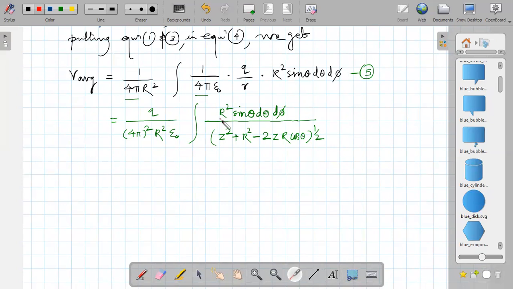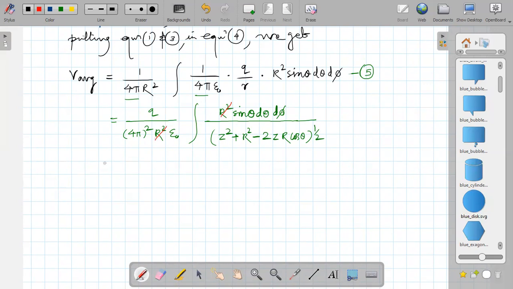I will assume the denominator term equal to small t. Here I will cancel r square and r square term.